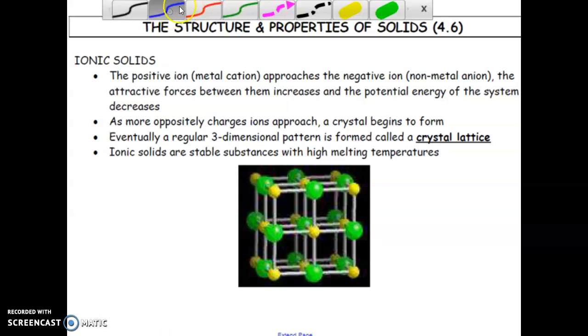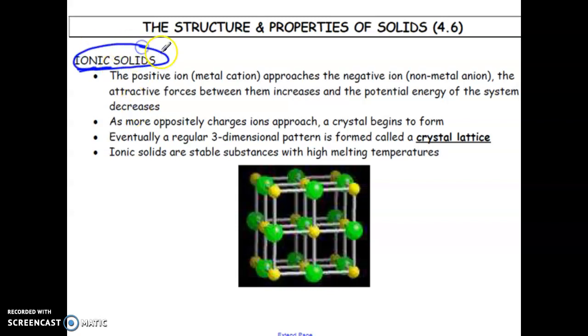So the first one here are ionic solids. These are basically solids that are composed of ionic compounds. All ionic compounds create a solid at room temperature, so under SATP conditions, standard ambient temperature and pressure.